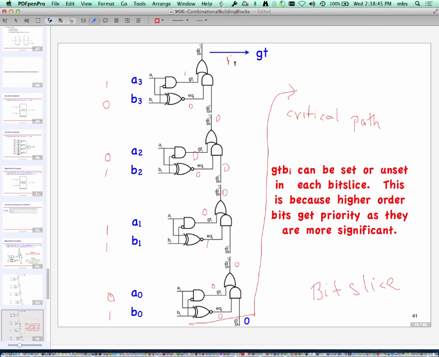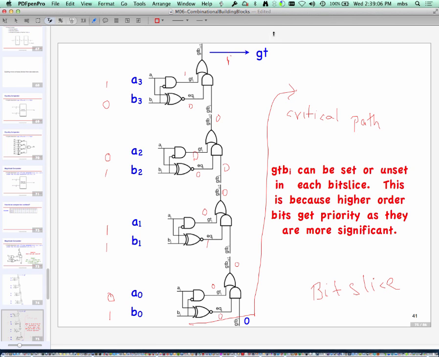Let's imagine A and B were both, let's say, 0, 0, 0, 0. So the output would have been initially 0. Then let's say B changed from all zeros to 0, 0, 0, 1. So now the LSB changed, and as a result, A changed to 0, 0, 0, 1.